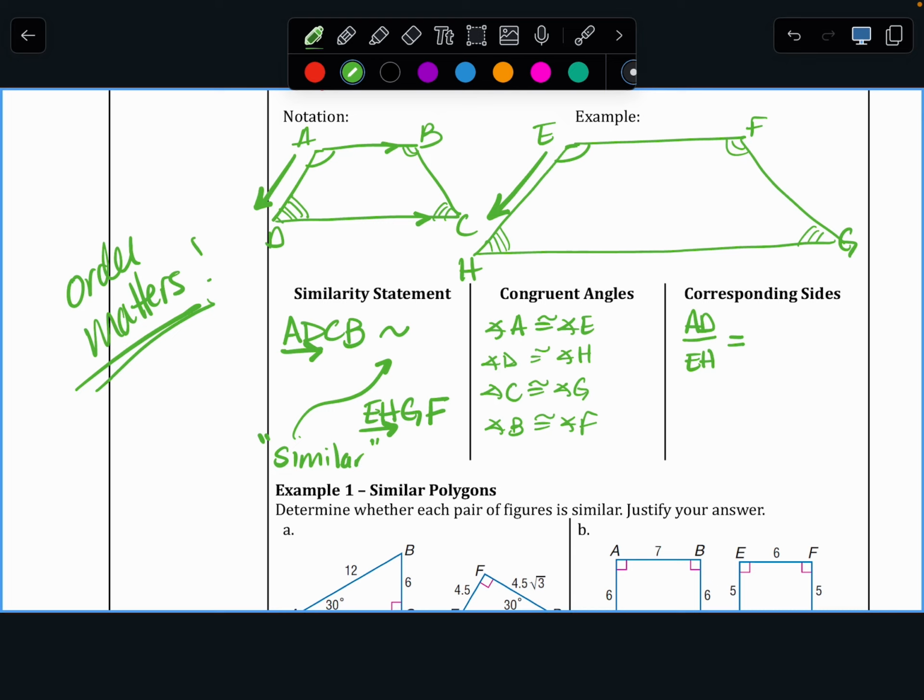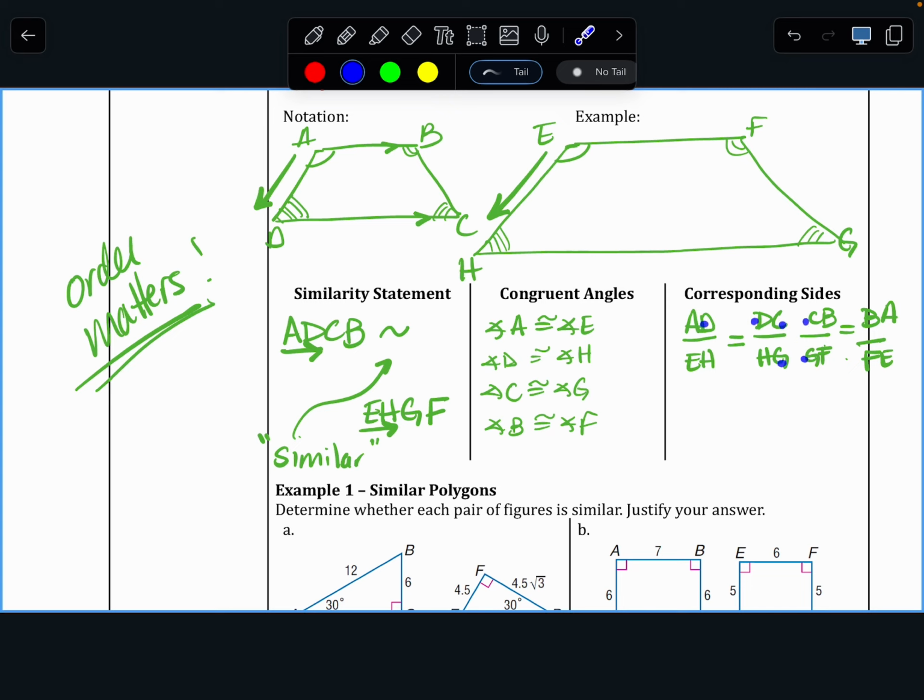They have to be the same proportion. That's another name for a fraction, a ratio, or proportion. They have to be the same on all 4 sides. So then DC over HG, CB over GF, and BA over FE.